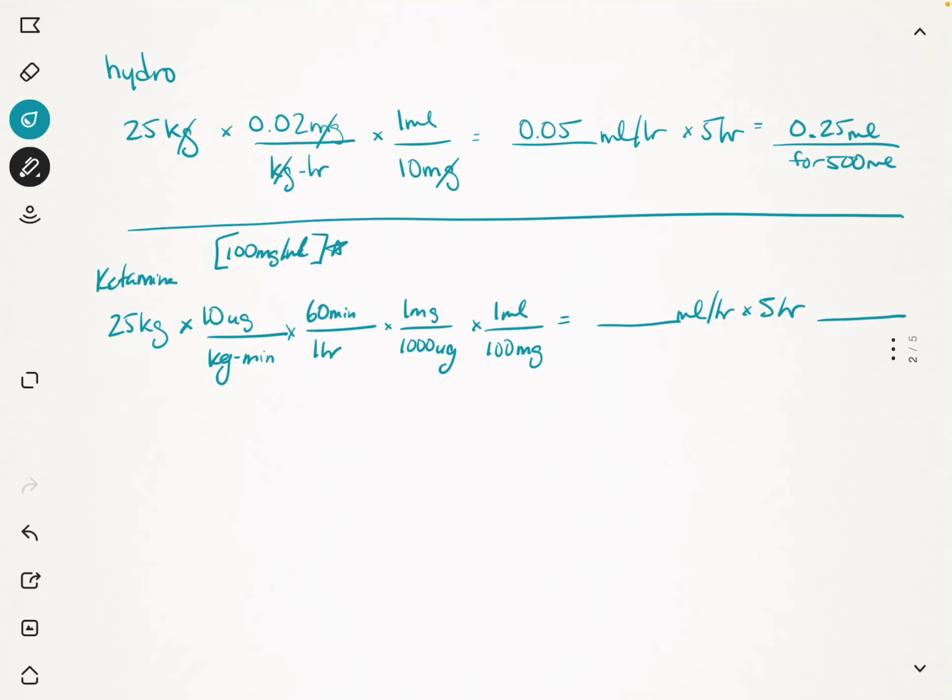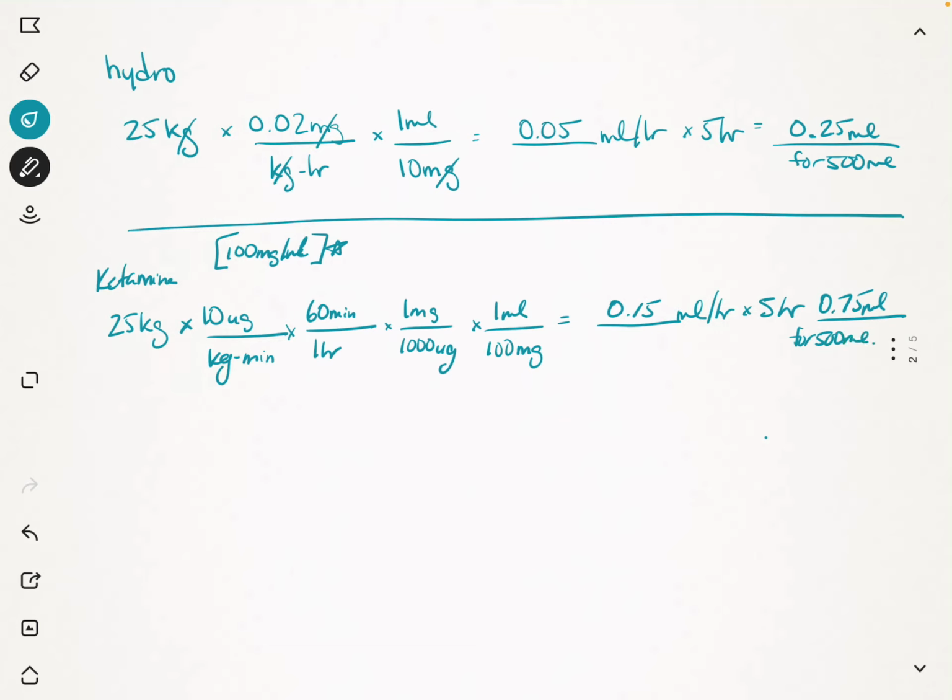Okay, so we've got 25 times 10 times 60 divided by 1,000 divided by 100, which gives us 0.15 mils per hour times 5 hours, which gives us 0.75 mils for the 500 ml bag.